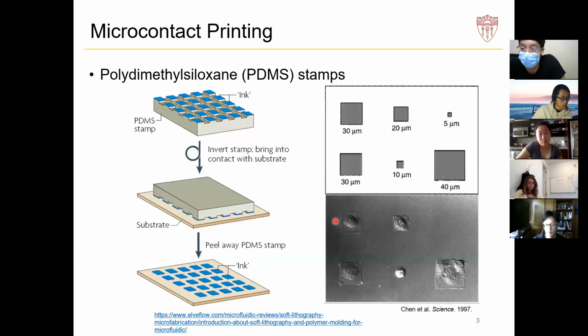We'll get into the nitty gritty of it soon, but just to give you a brief overview, when we're studying cells, we want to also be able to control the geometric shape of these cells, and how they're attached onto our petri dishes or whatever substrate we're using.